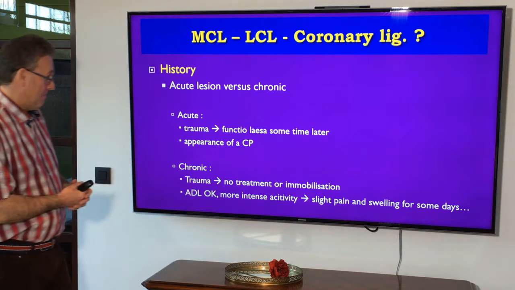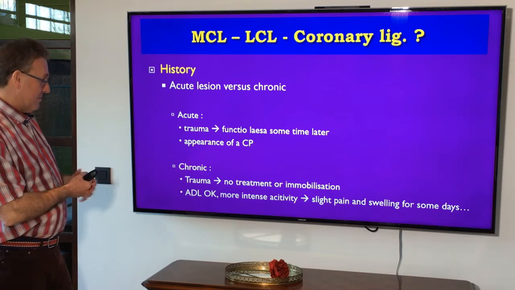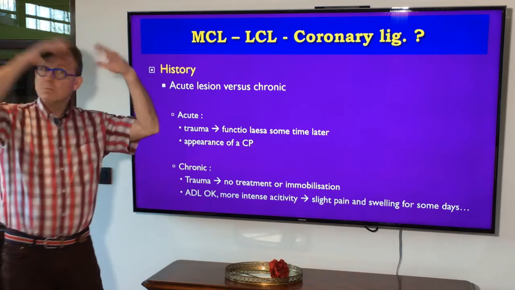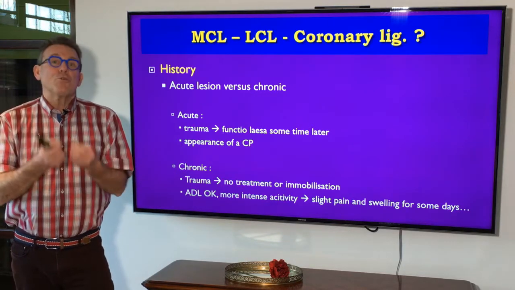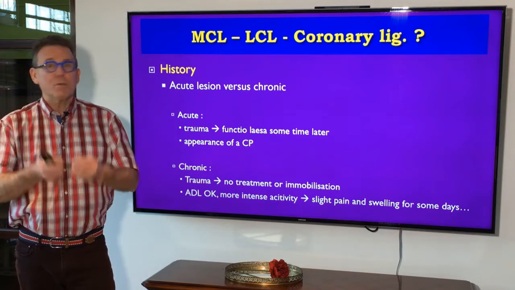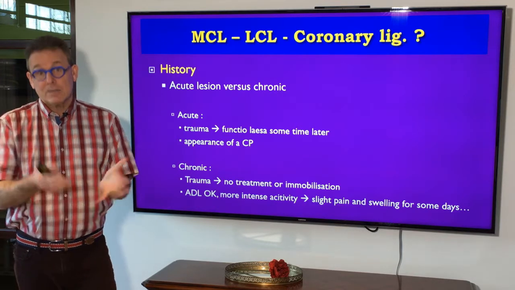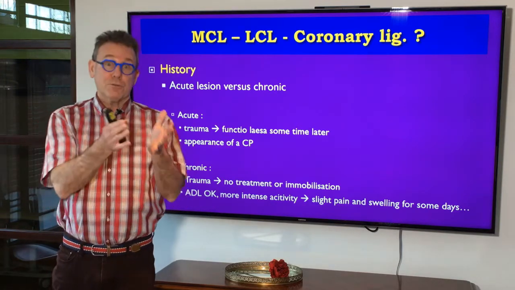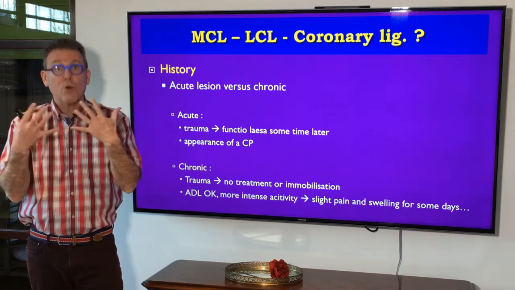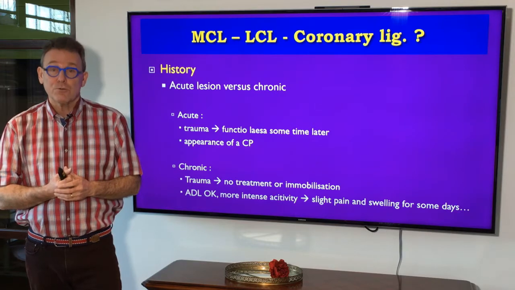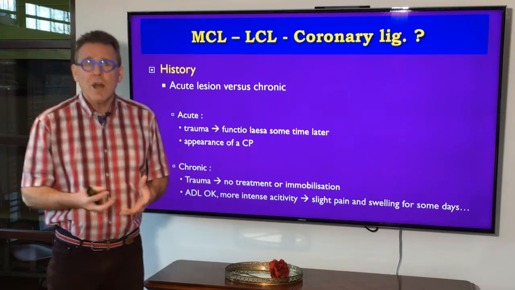Yeah? In a chronic lesion, that's a little bit different. There was a trauma sometime, but there was no active treatment. The patient just got immobilization or just rest, and then you know what is happening during the repair and remodeling phase. You can get the formation of adhesive scar tissue, and then everything functions okay for activities of daily life.